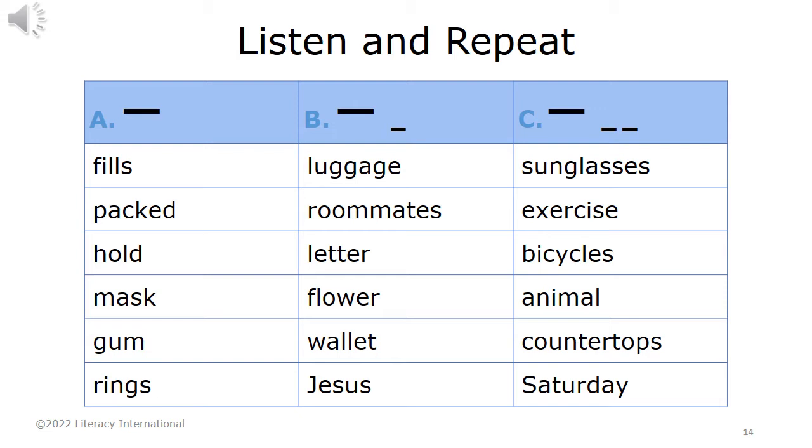Roommates. Letter. Flower. Wallet. Jesus. C. Sunglasses. Exercise. Bicycles. Animal. Countertops. Saturday.